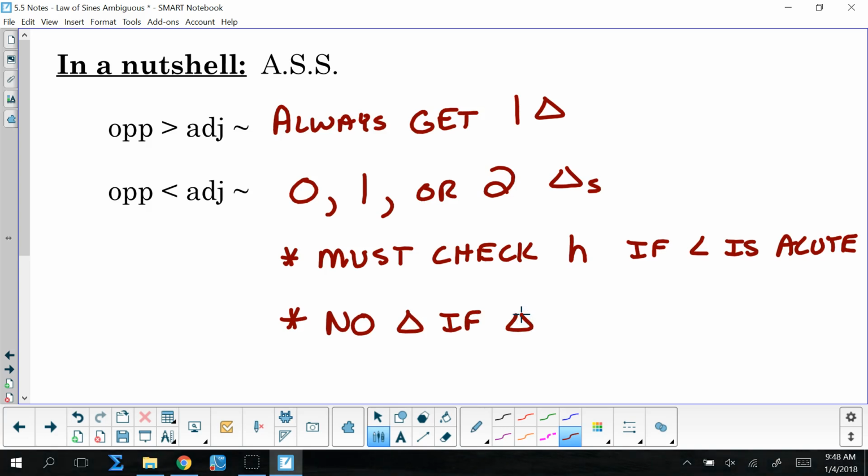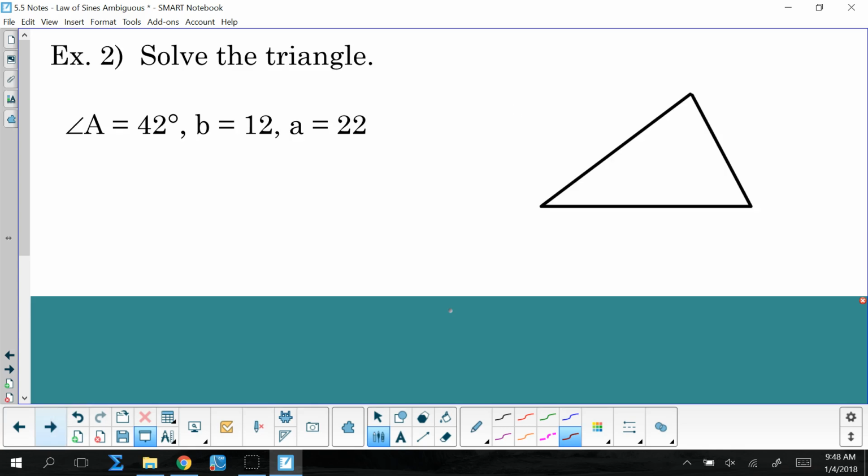Oops, that should be angle, not triangle. No triangle if the angle is obtuse. Okay. We made it through. Okay? Now, let's do an example. We'll refer back to that in a minute.